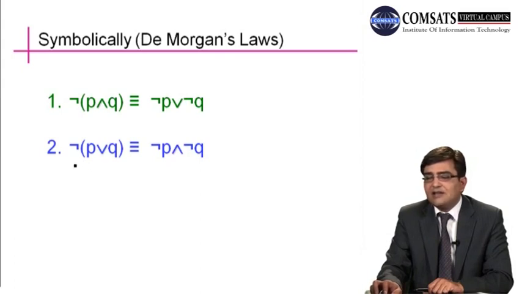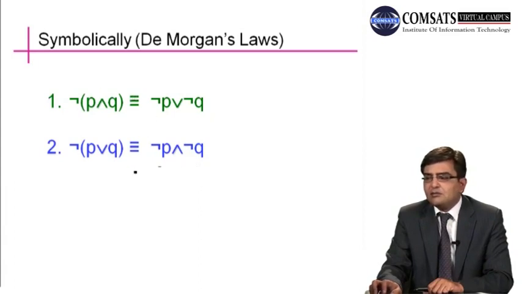If we take the negation of the disjunction of two propositions P and Q, then this will be logically equivalent to negation of P and negation of Q.